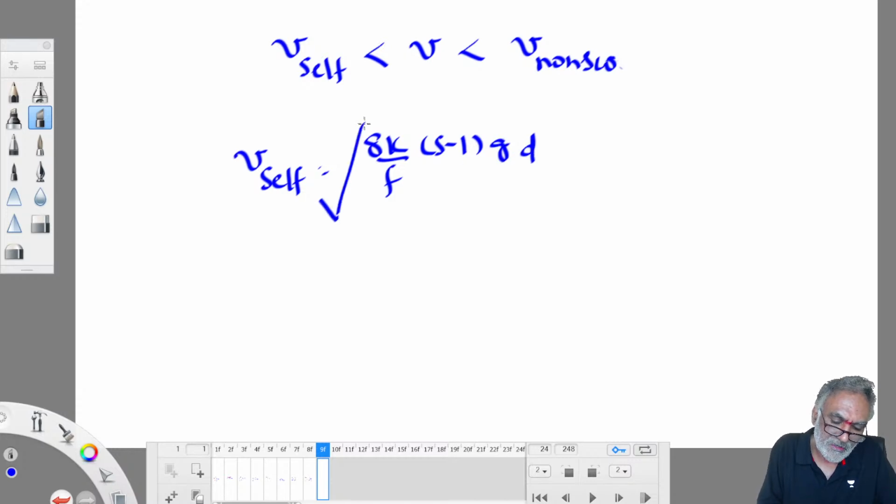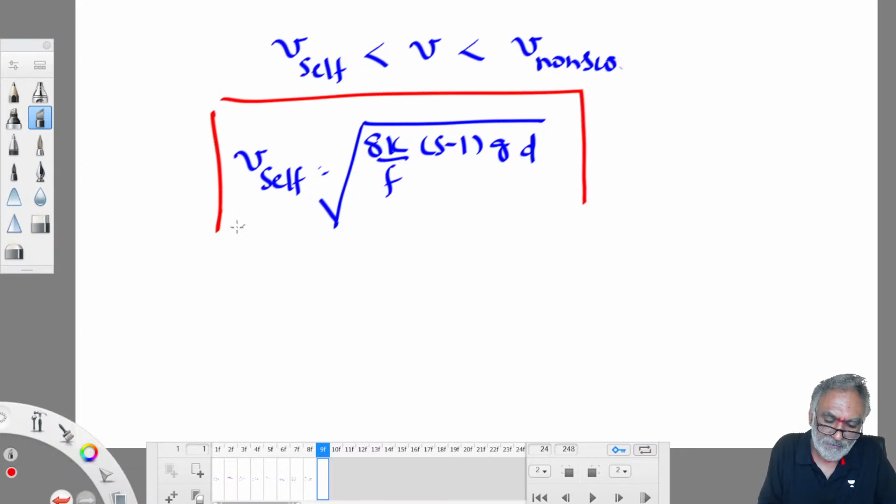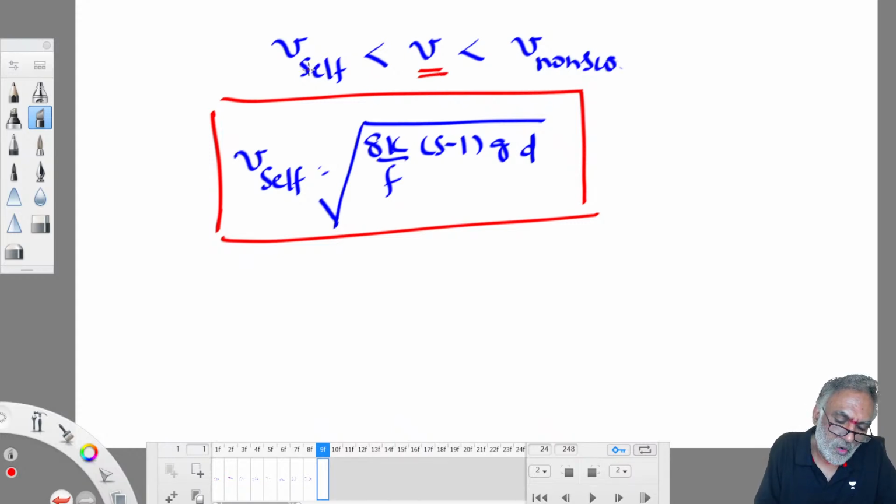This equation is also very useful while working out problems. When they ask you to work out self-cleansing velocity, we work out using this formula. So the flow velocity that we provide in the sewer should be more than self-cleansing velocity and less than non-scouring velocity. Understood? For which we need to design the sewer.